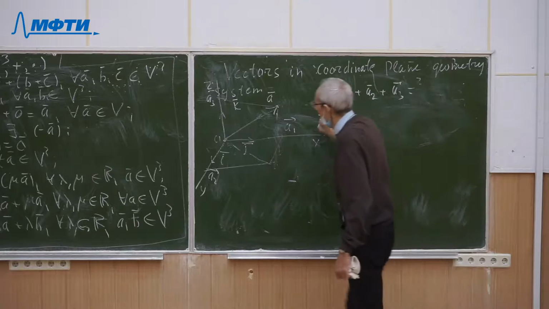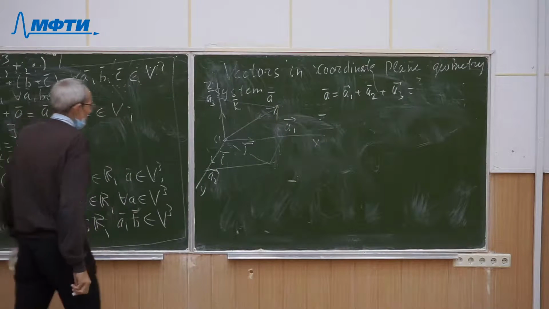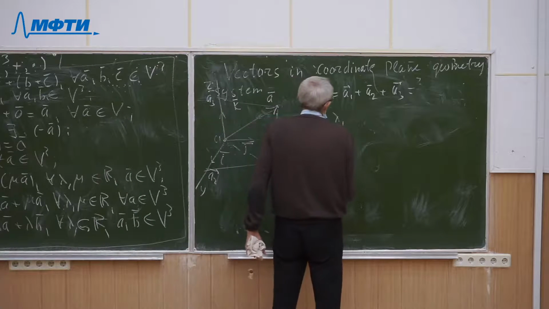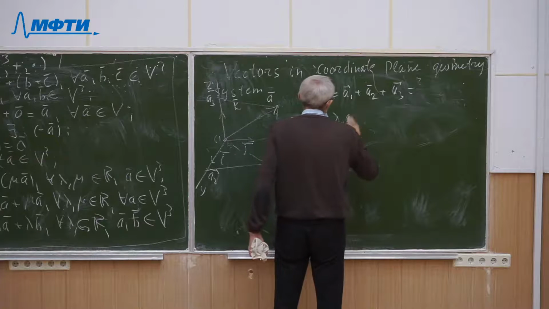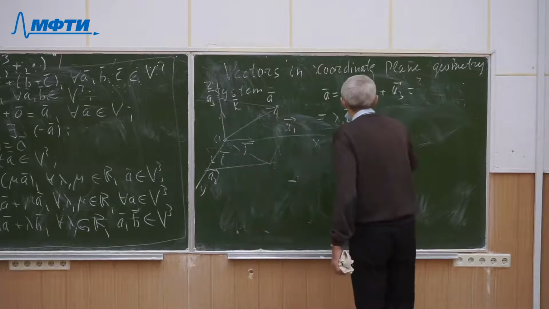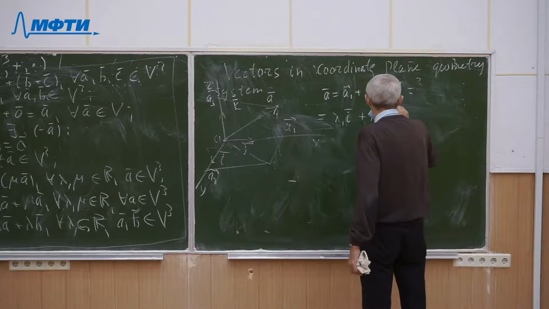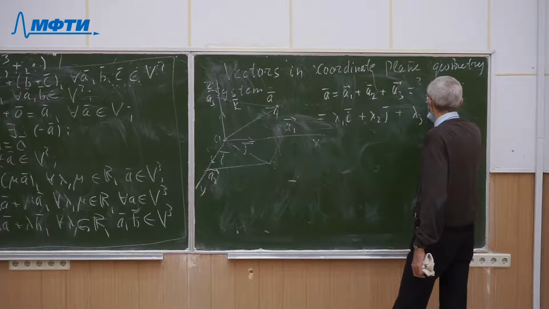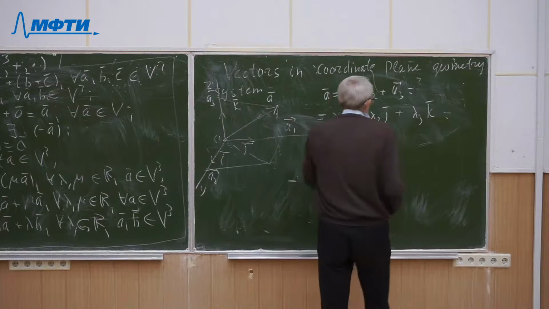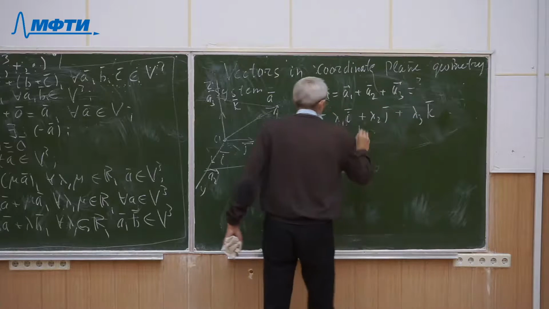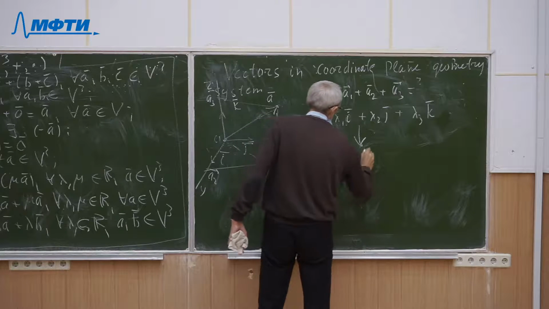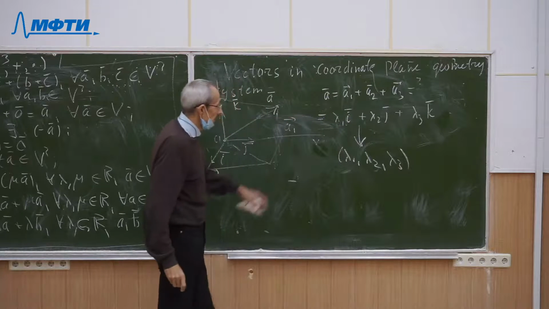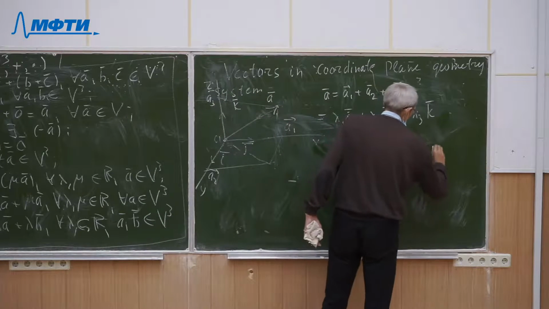And each of these vectors we can present as a scalar product of some real numbers: lambda 1 multiplied by I, lambda 2 multiplied by J, and lambda 3 multiplied by K. And we correspond to this vector the triple lambda 1, lambda 2, lambda 3, and this triple is an element of R3.